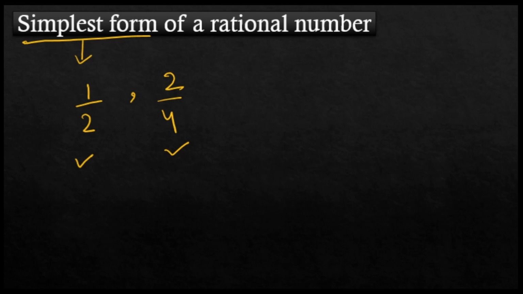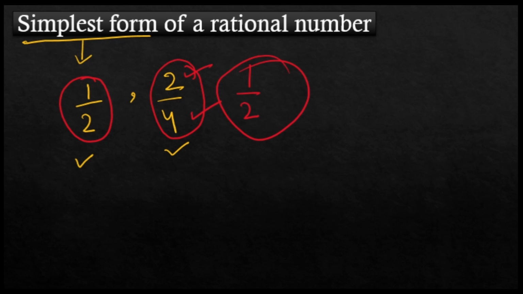The only difference is that they are in different forms. But if I divide both numbers of 2 by 4 by 2, then what will I have? 1 by 2 simply. But can I divide this form any further? No, because this is a prime number and this is also a prime number.